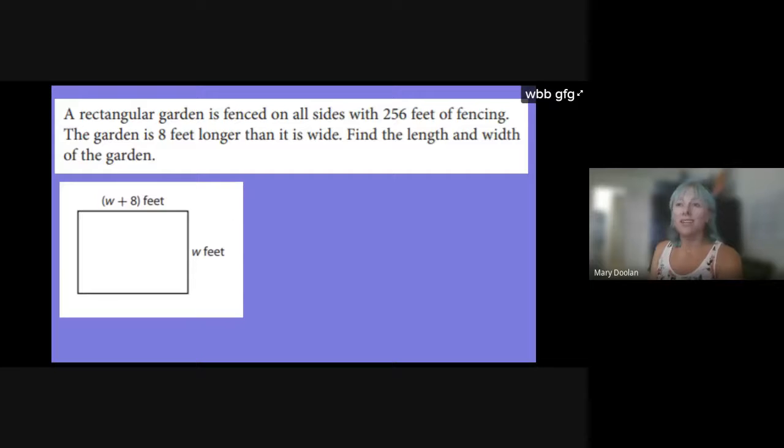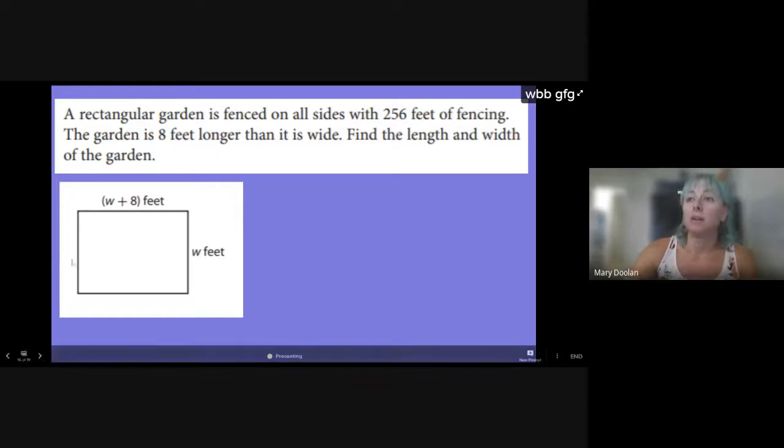So here we're setting a variable equal to the width, which is unknown. The length is also unknown, but because it depends on the width, we're going to use W in both of them. But for length, we're going to have W plus 8. Okay, longer than means more than, so that's addition. So that's what this picture is showing us.